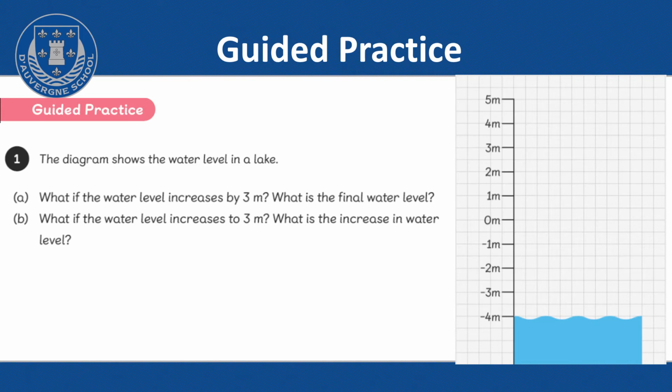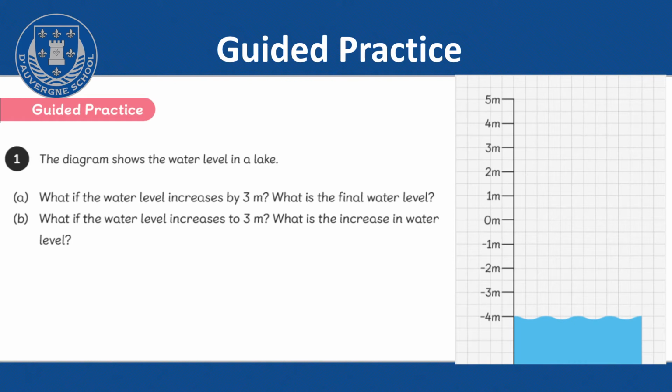Okay, let's read the question. So, what if the water level increases by 3 meters? What is the final water level? Now, we've just looked and seen that the water level is currently at -4 meters. So, if it increases, that means it's going to get bigger, it's going to rise. So, we're going to count up from -4, we're going to count up 3 meters.